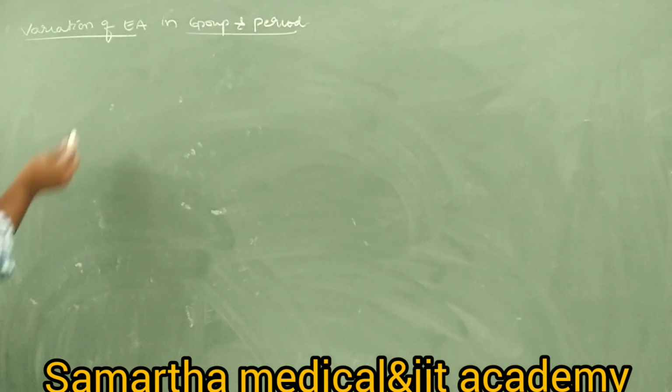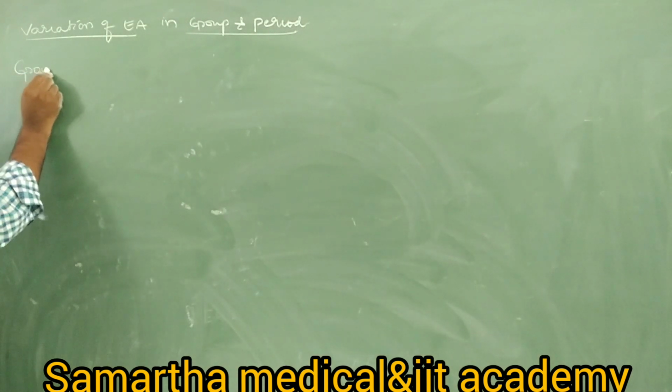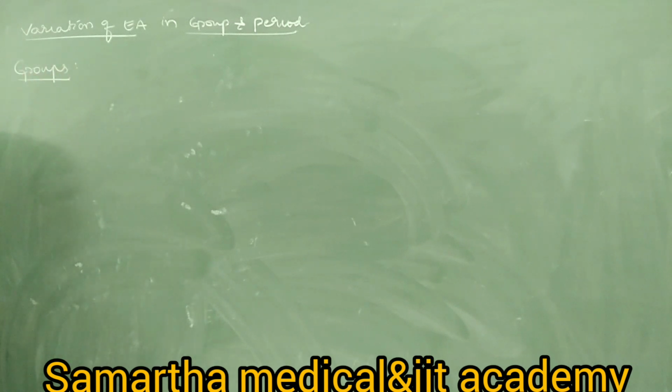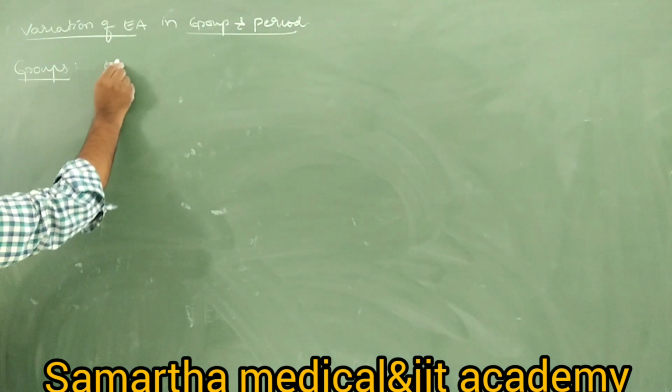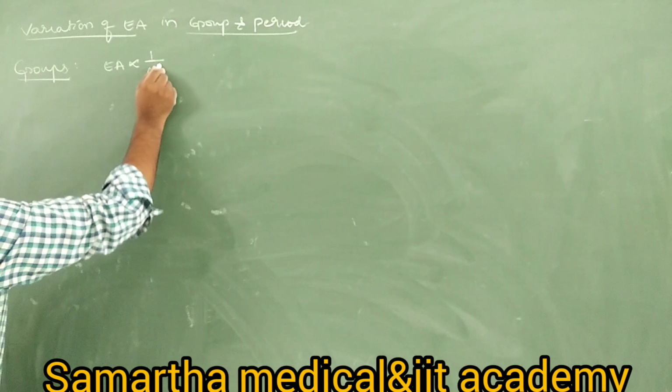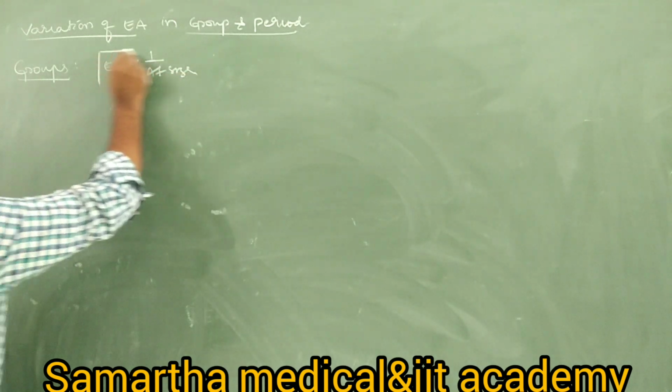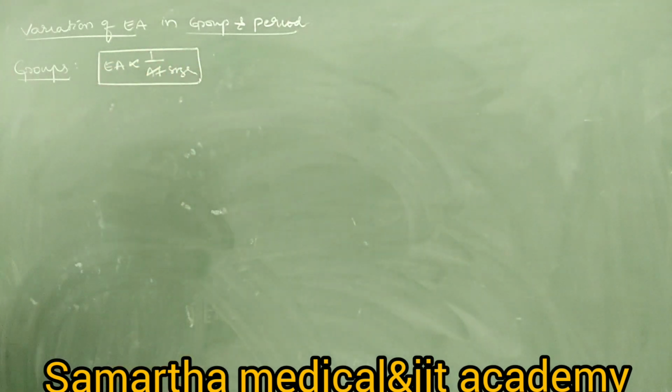Okay, let's see first in groups. Down the group atomic size increases, therefore electron gain enthalpy decreases, because atomic size is inversely proportional to electron gain enthalpy, right? So what is the statement? Electron gain enthalpy decreases down the group, right?